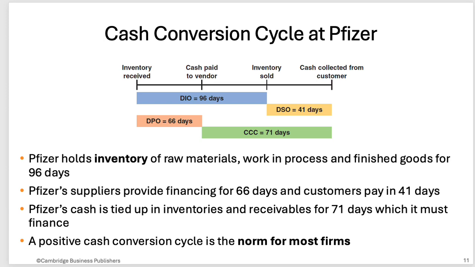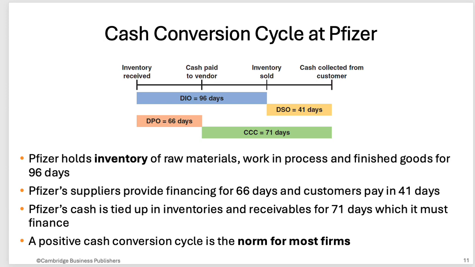Then you see that DSO of 41 days. What does that mean? It means when it's sold, how long on average does it take for that sale to remain outstanding until you can collect your receivable? And in this case, it's about 41 days.